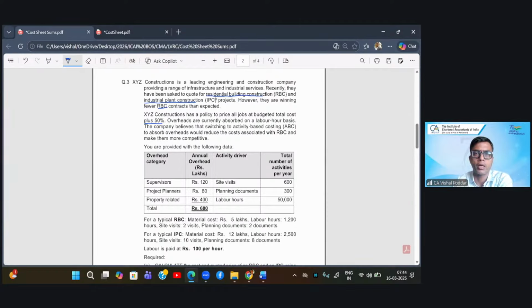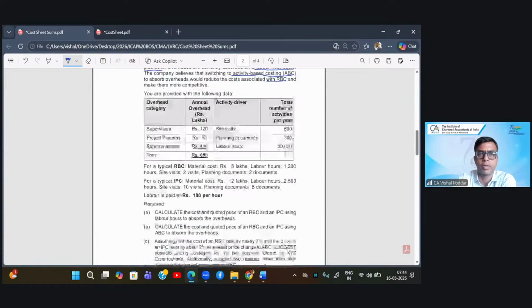And overheads are currently absorbed on the basis of labor hour. The company believes that switching to ABC to absorb overheads will reduce the cost associated with RBC. So automatically the RBC's price will come down and it will be competitive. So in short, they are planning to switch from the traditional method of using labor hours to the ABC method.